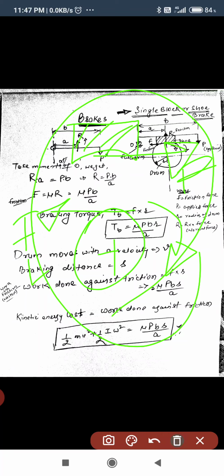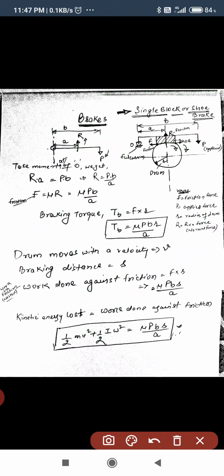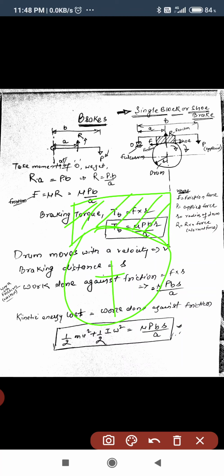So now I am discussing the complete system, not a single system, because in this arrangement, this is the shoe, this is the drum, and it rotates clockwise according to the question. I am taking clockwise, and I just want to make clear the free body diagram, how these forces come on each system.